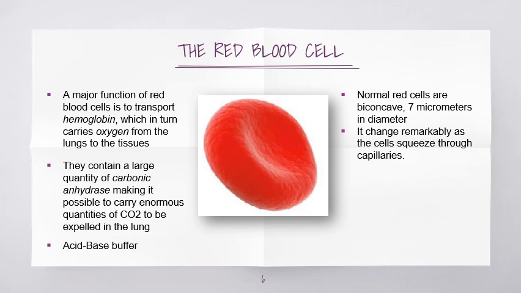The red blood cells also contain a large quantity of carbonic anhydrase, which makes it possible for it to carry enormous quantities of CO2 to be expelled in the lung. Another main function of the red blood cell is that it is the major acid-base buffer in the blood.